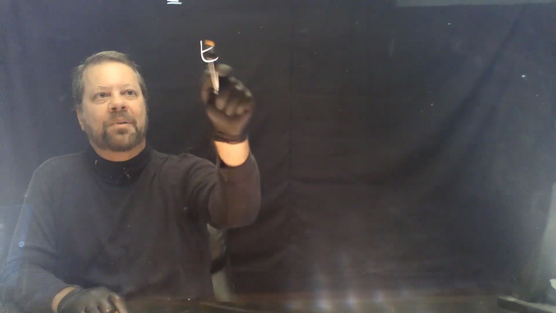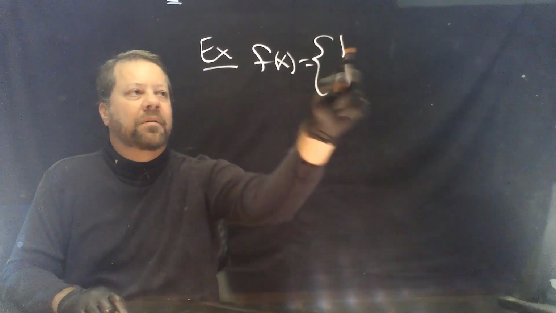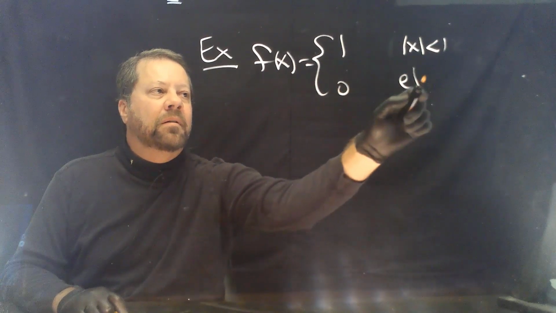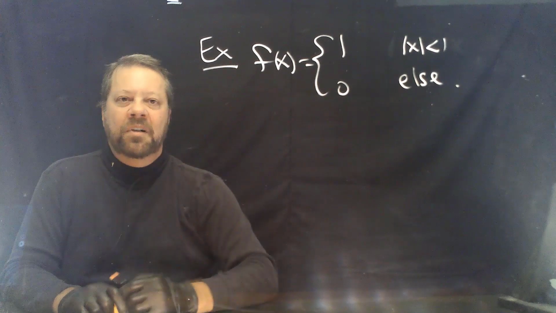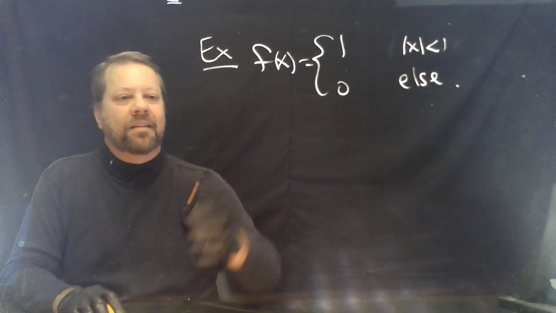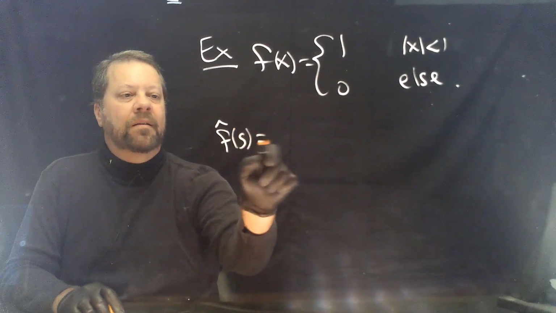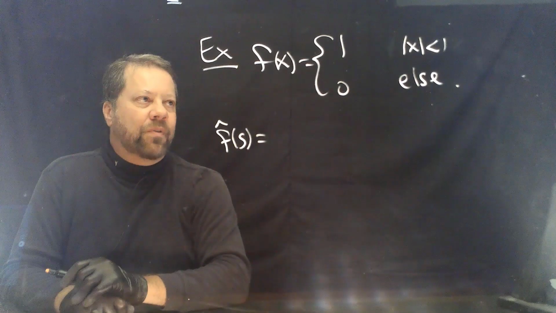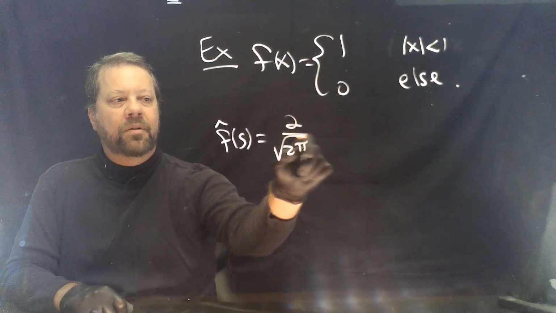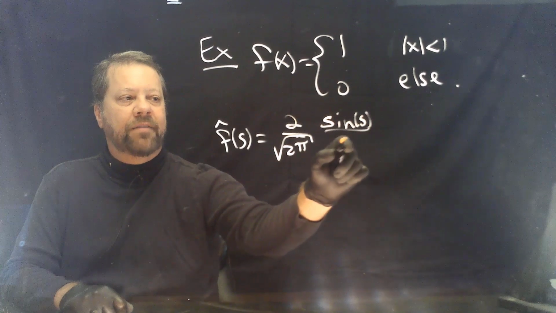Let's do a quick example. We've seen this function before. A little digital square wave, 1 between -1 and 1, 0 everywhere else. And we've even seen that the Fourier transform of this is 2 over root 2 pi sine of s over s.